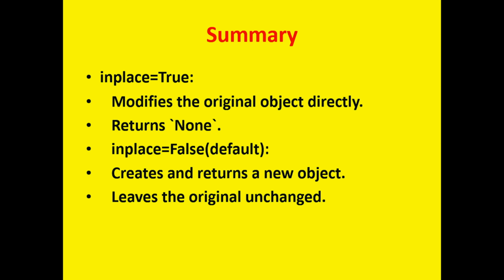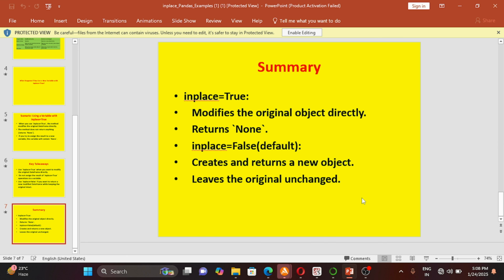Inplace equal to true modifies the original object directly, and returns none when you attempt to store the result in a new variable. Inplace equal to false, which is the default, creates and returns a new object and leaves the original unchanged. So guys, I hope this tutorial is far clearer and helps you understand the concept behind this.